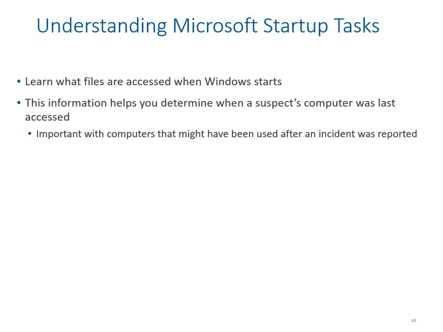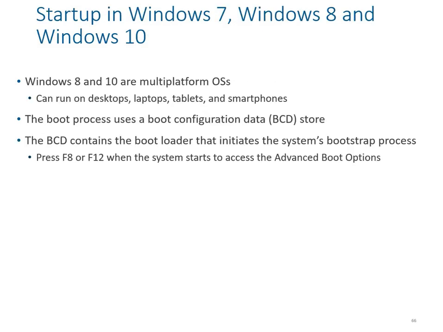There will be a timestamp on it, and the data which was modified, which is important with the computer that might have been used in the incident, and reporting that nothing is changed on those computers. Now we can even choose a selective startup or a normal startup on the computers depending on the kind of setup we have. Windows 8 and 10 are multiple-platform operating systems that can run on desktops, laptops, and different modes, just like on smartphones as well.